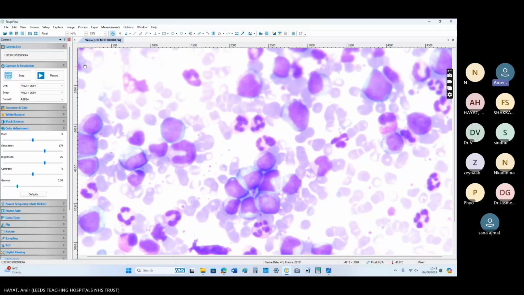and wants a rapid molecular response to be achieved, then you can start with a second generation TKI, dasatinib, not the first generation imatinib, because there are few indications of second generation TKI where you can start them as first line.